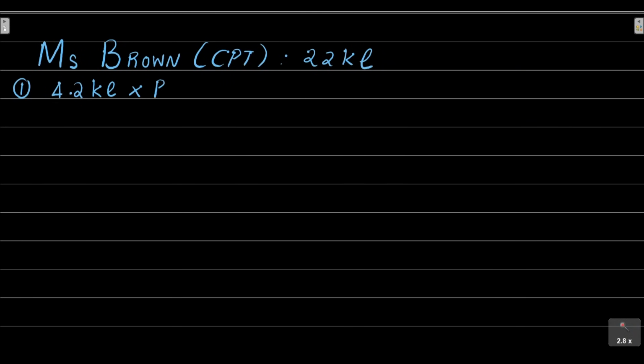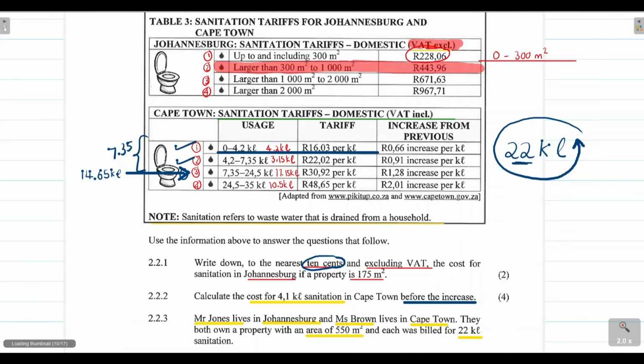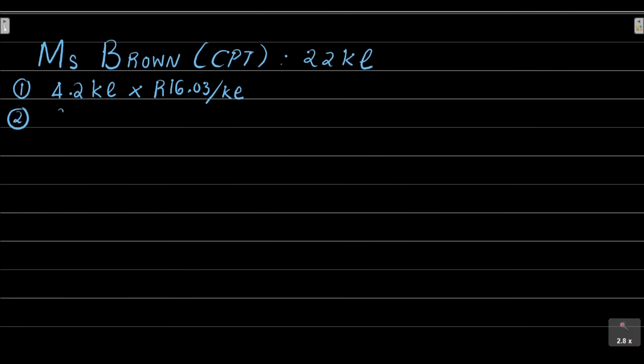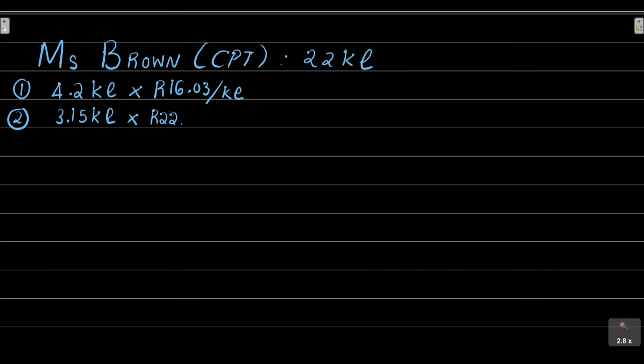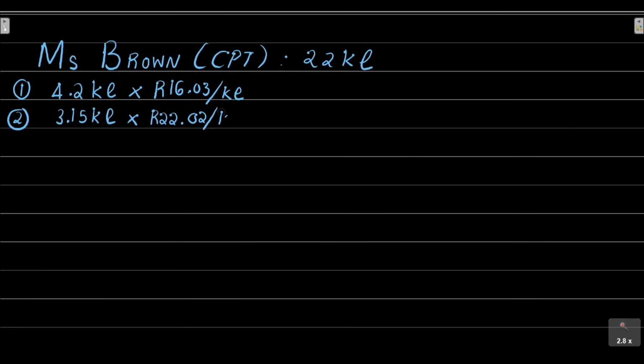In block 2, what is the maximum amount of kiloliters that we use here? It's just 3.15 kiloliters. So you take that 3.15 kiloliters and multiply it by the tariff in that block, which is 22 rand 02 cents per kiloliter.